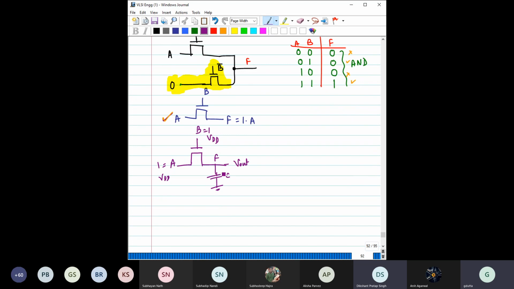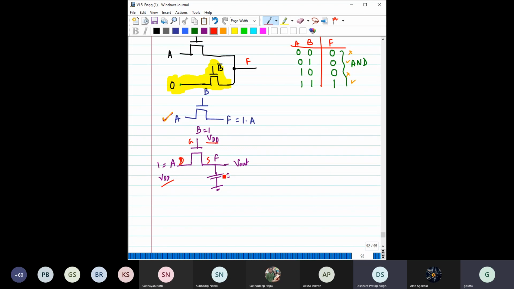Very good. So here I have applied VDD and I have applied VDD here, because we are saying both A and B are at logic 1. So this is the gate, this is the drain, this is the source, right?